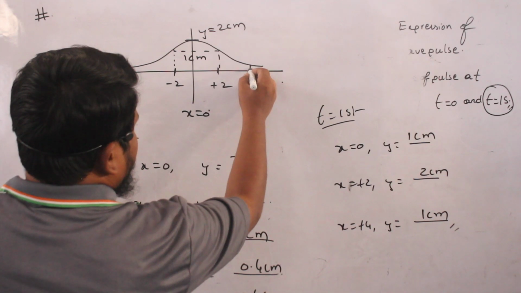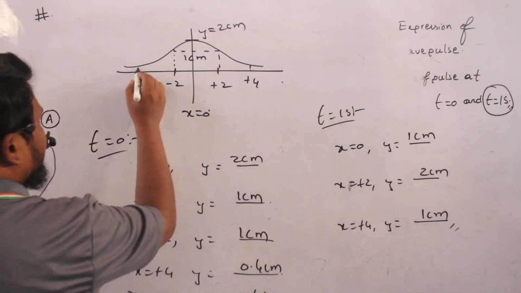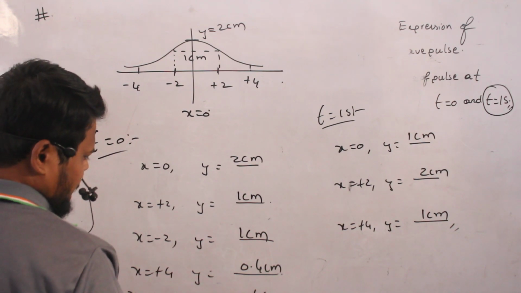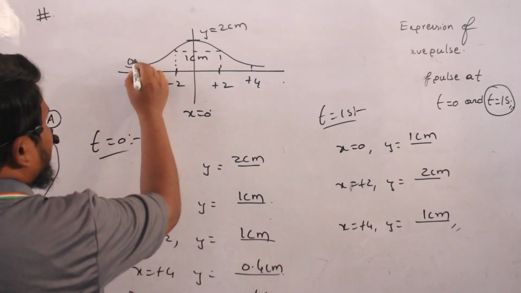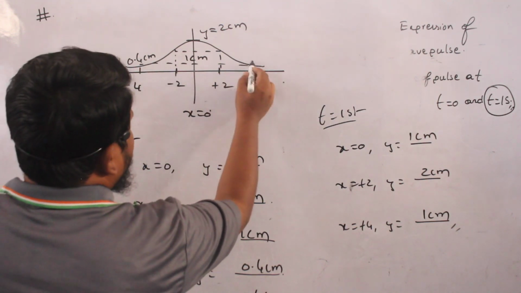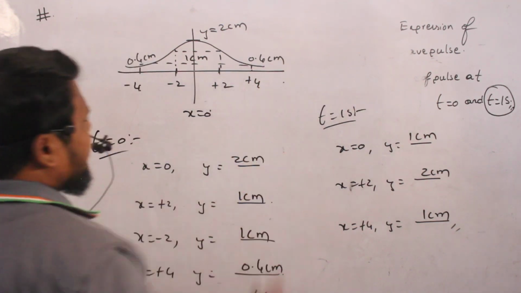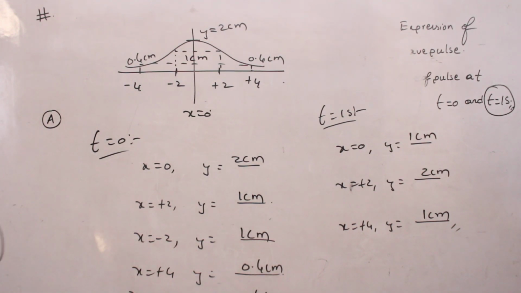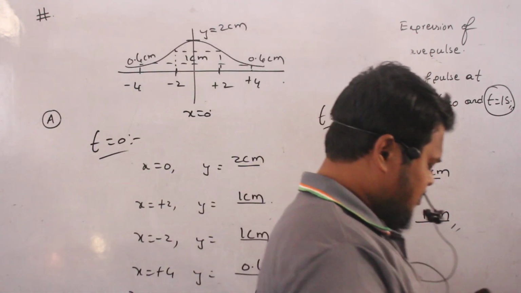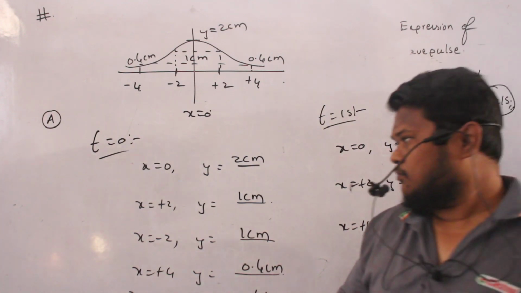And when it is at plus 4 and minus 4, here the displacement is 0.4 centimeters. So at minus 4 also 0.4 centimeter and plus 4 also it is 0.4 centimeters. Okay. So this is the graph which we got.